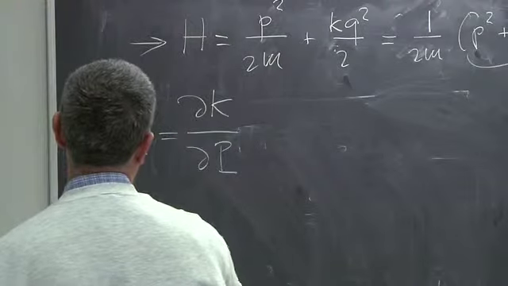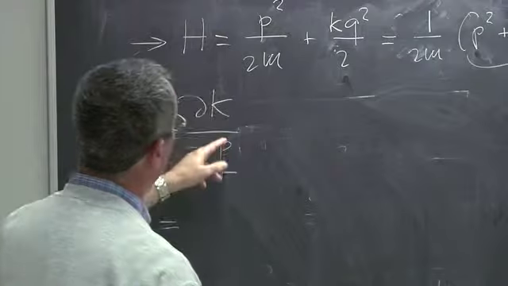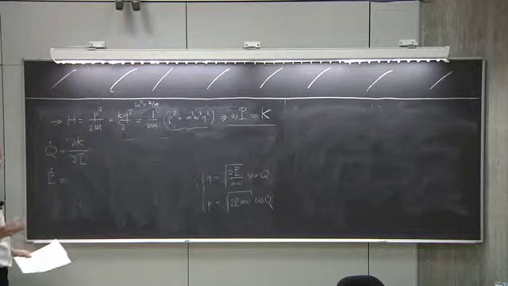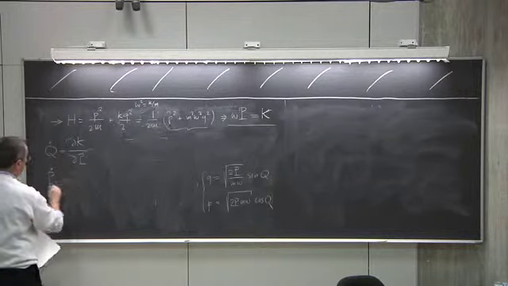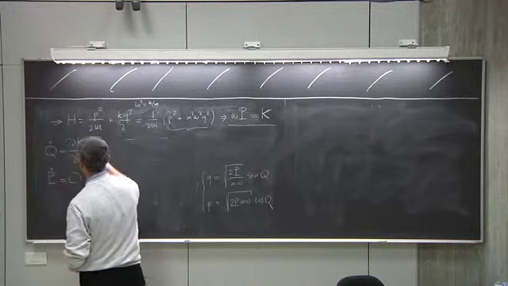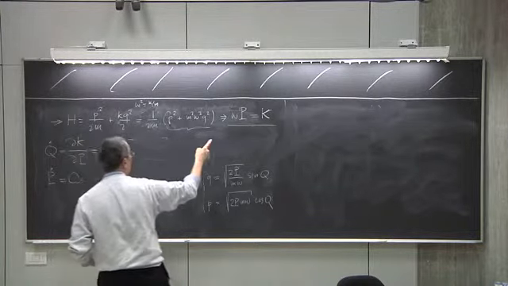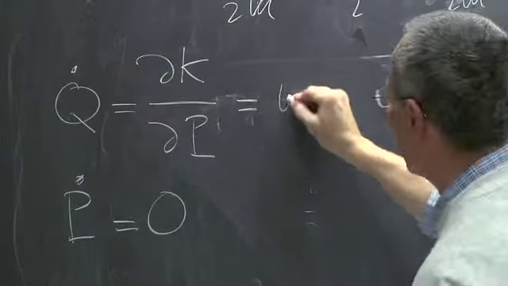And big P dot is just minus the derivative of K with respect to big Q, but by construction this is 0 and P is a constant. So I only have to integrate this, but this is really simple because the derivative of this is a constant, so this is just omega.